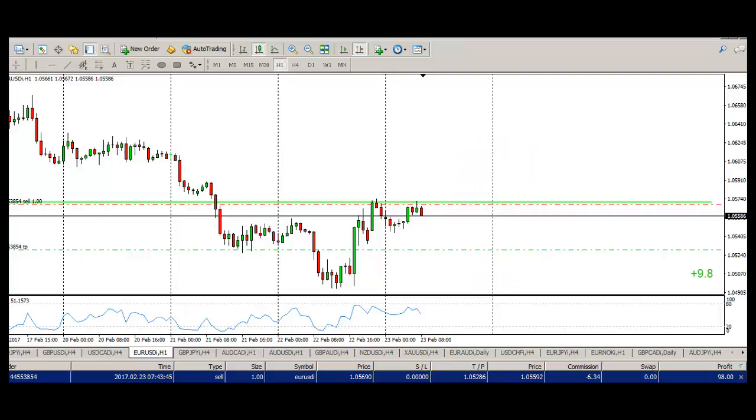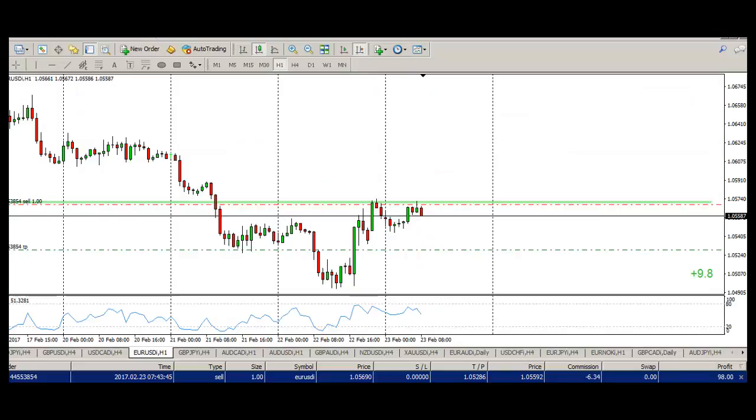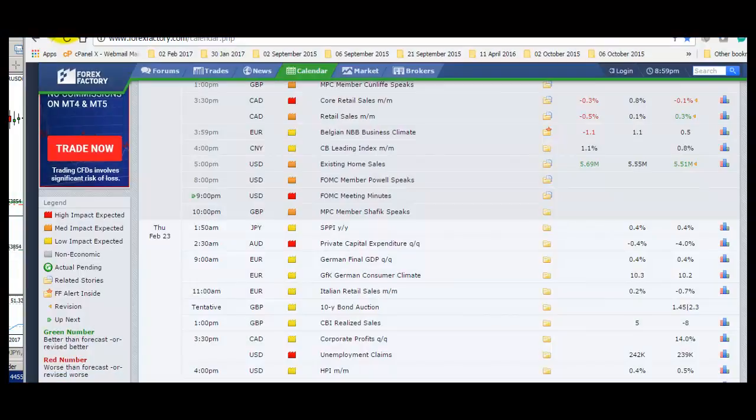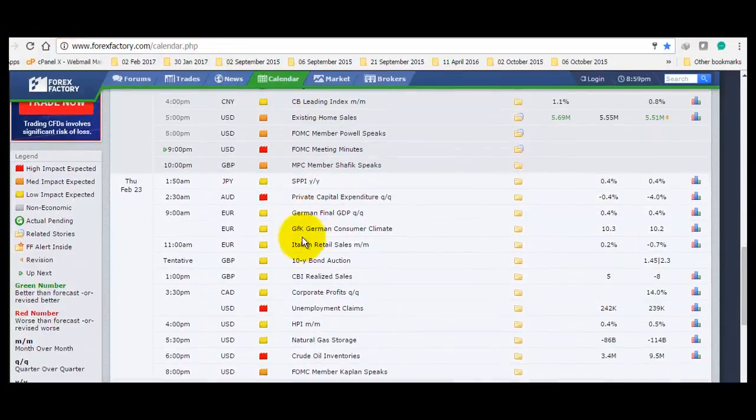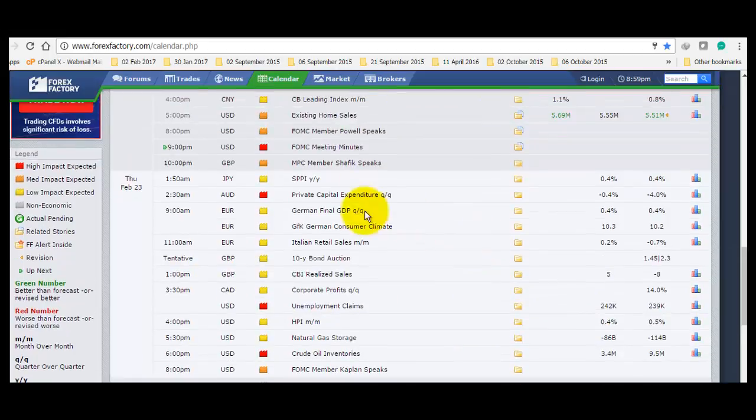Let's have a quick check of what's happening on the news front. Give me a second to get that window up for you. There we go. Today, Thursday, we've got some unemployment claims at around 3:30, when London opens, and there was a bit of movement.